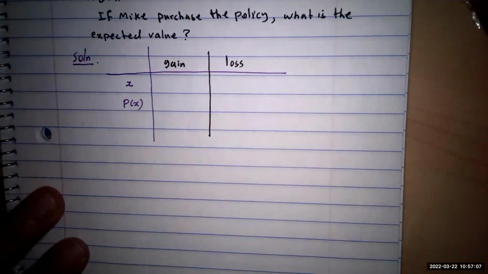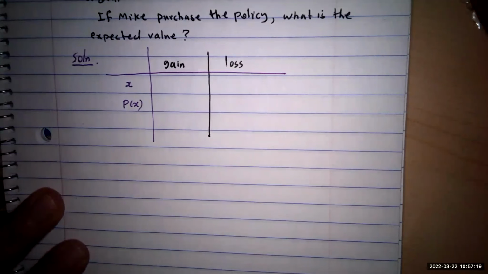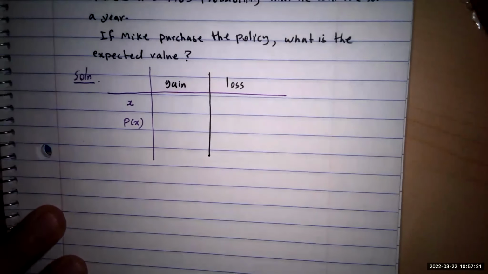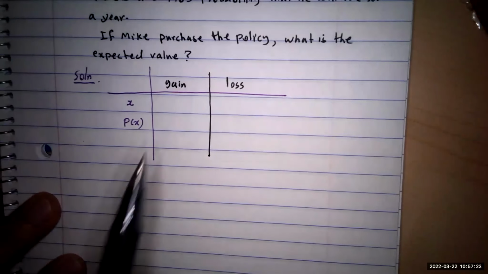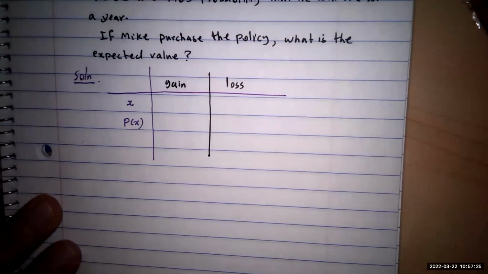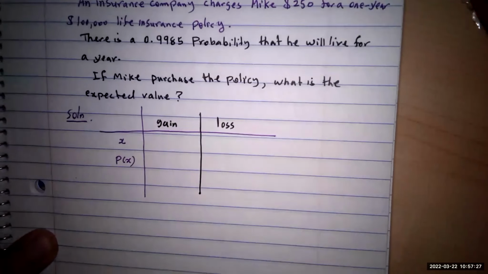There you are. Again, remember $250 for the $100,000 insurance policy. Okay, what's going to be his gain in this case?